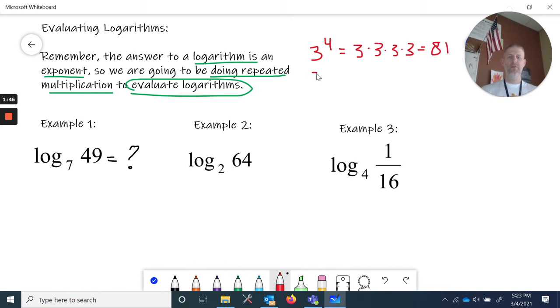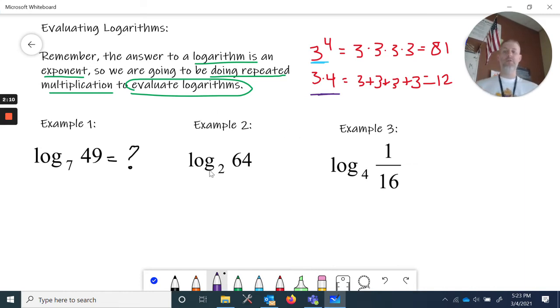And 3 times 4 means 3 plus 3 plus 3 plus 3, which is 12. So those are different values. Knowing that repeated multiplication is different from repeated addition is really critical for this understanding. That's one place where people get really stuck with this concept.